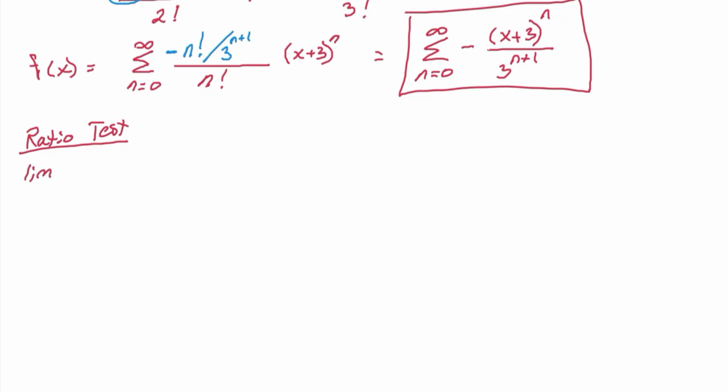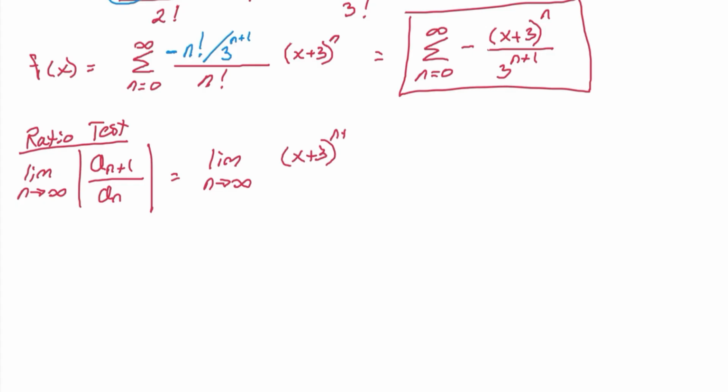We have the limit, n goes to infinity, of the next term divided by the current term. So limit, n's getting really big. The next term is x plus 3 to the n plus 1.